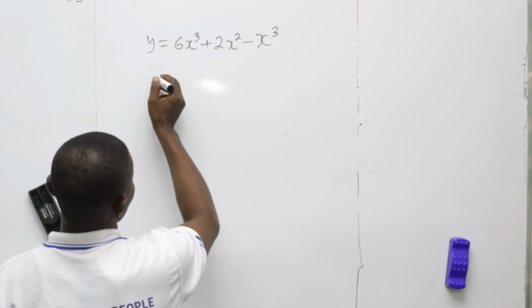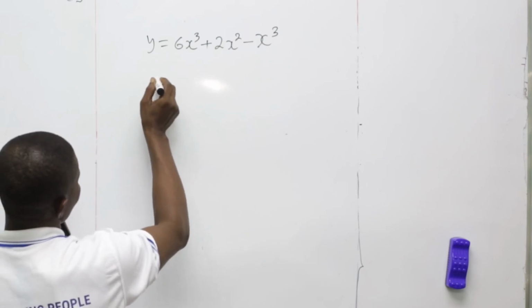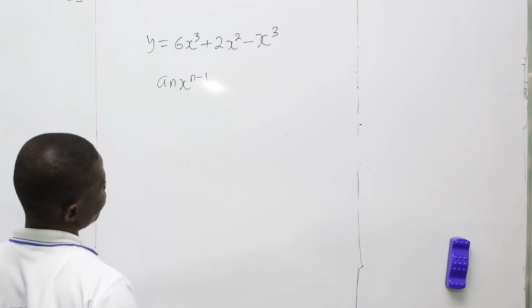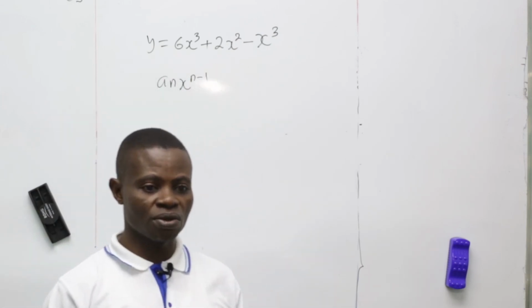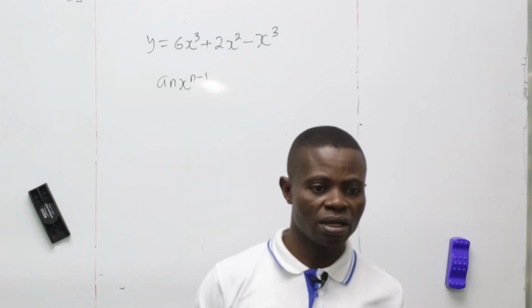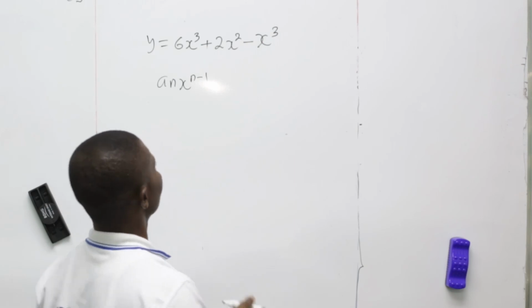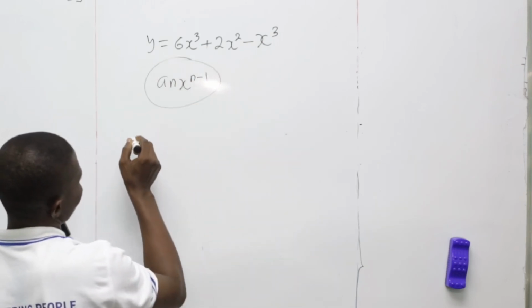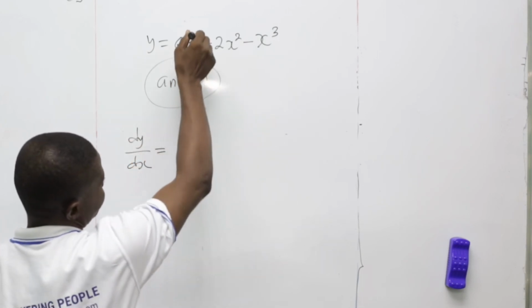Okay, you just apply the general formula here by saying an s raised to power n minus this. This is not a product rule, it's not a quotient rule, neither a chain rule.